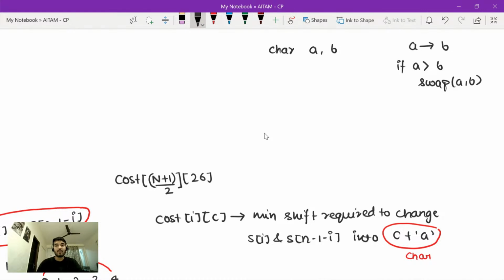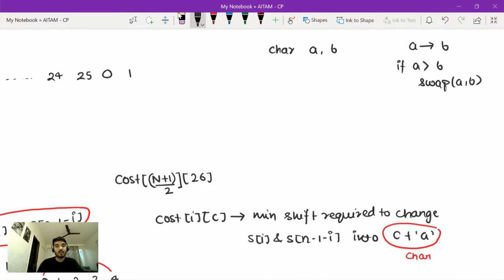So as of now, I am assuming that character a has ASCII value smaller than character b. So these a and b are the character names, not the exact characters. So let me just draw some characters here. So 0, 25, then 24, then 23, and so on.